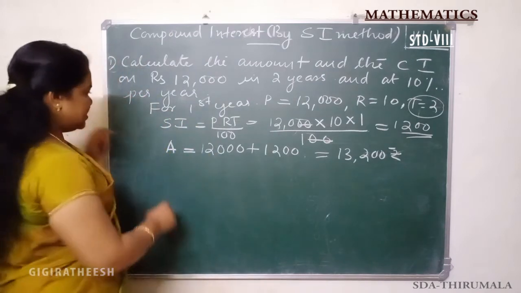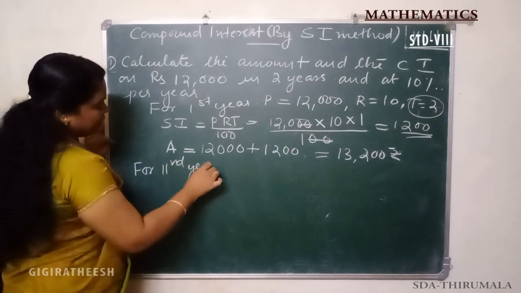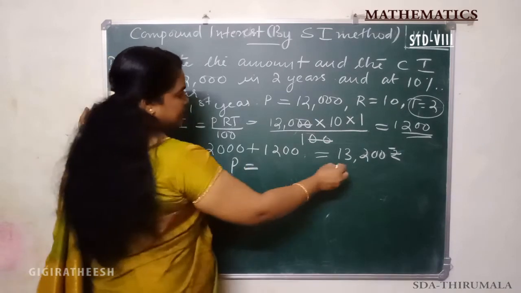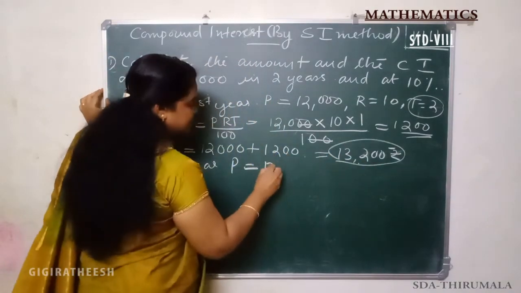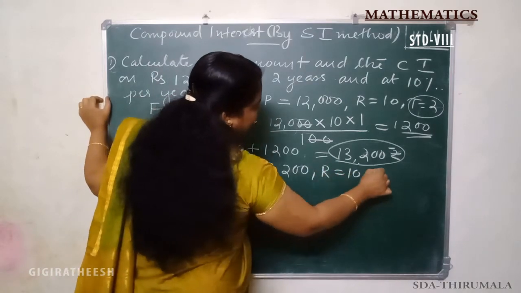Okay. And for the second year, P is equal to 13,200 and R is equal to 10, and T is equal to 1.